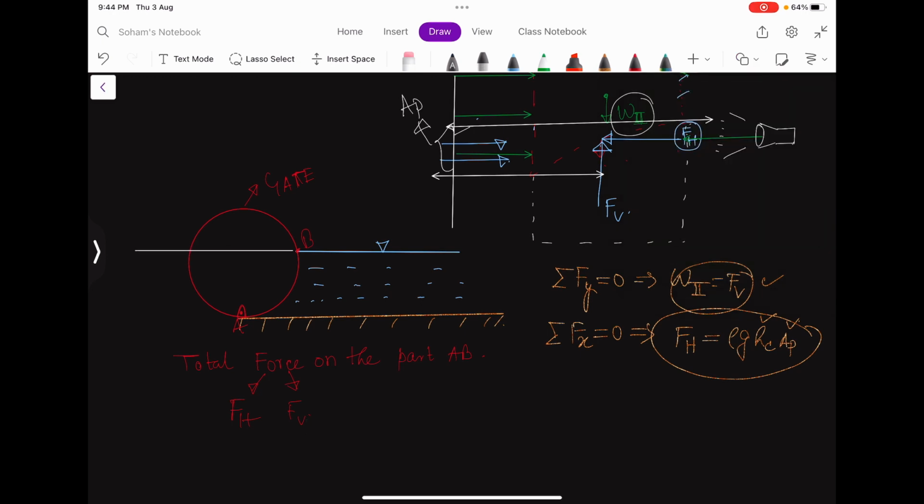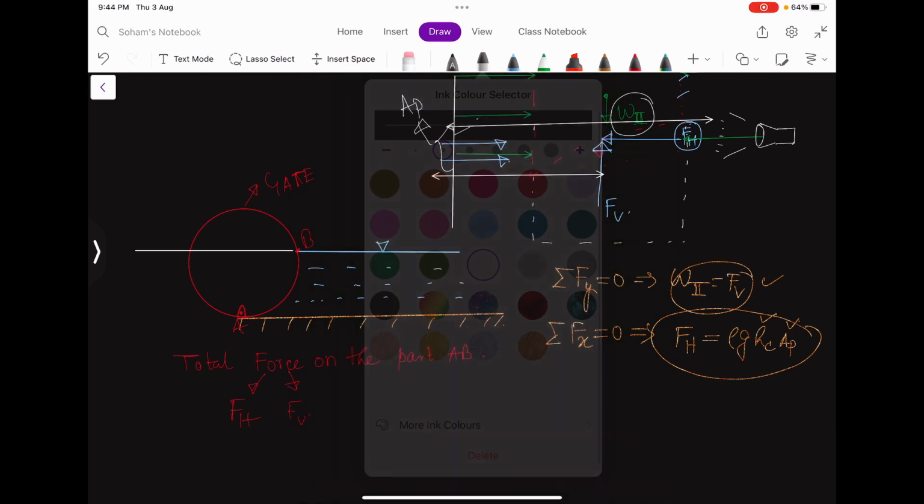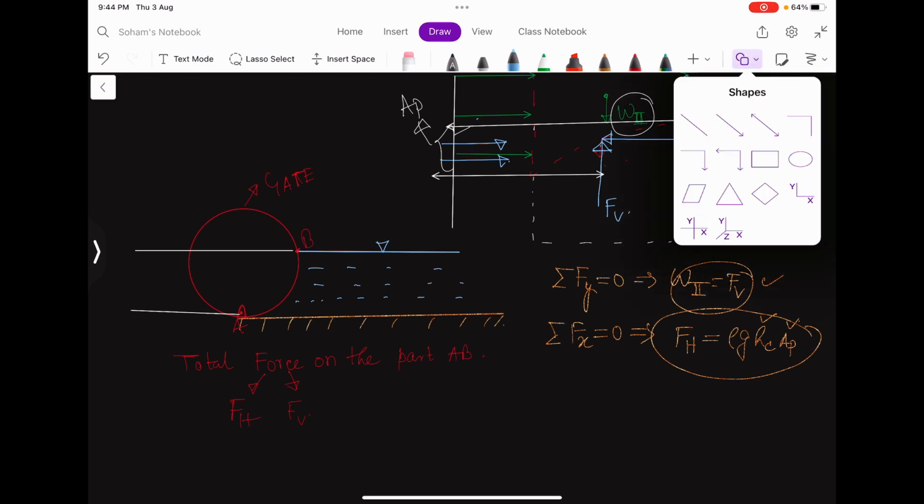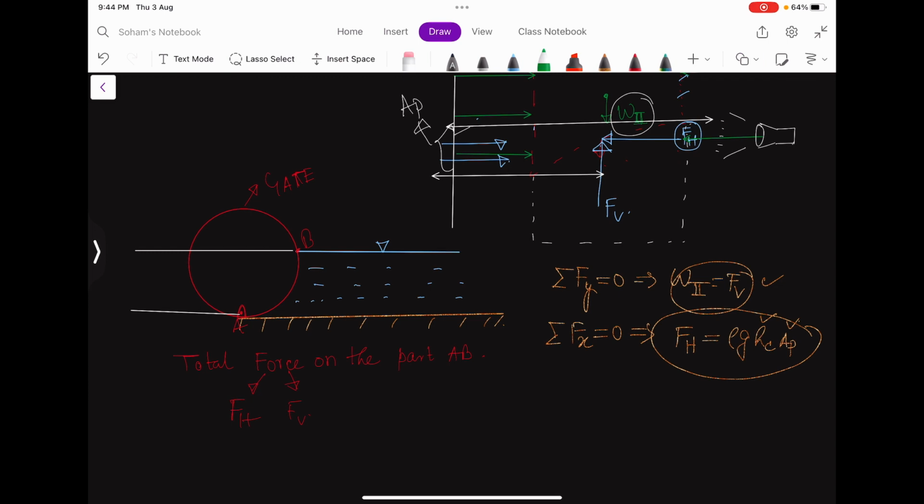The projection will give me, on this screen, a rectangle. So Fh equals rho g hc.